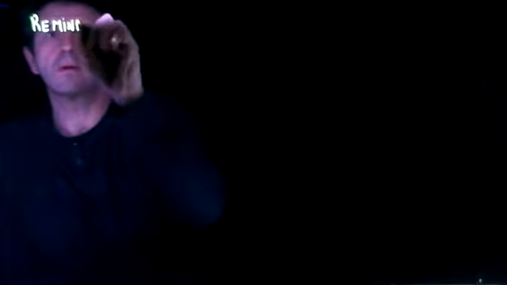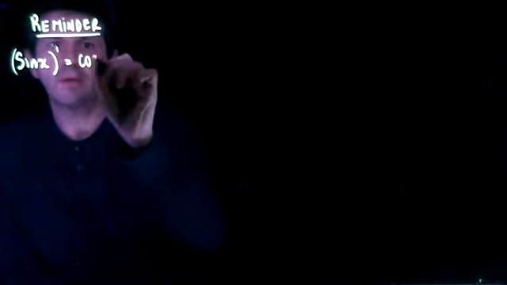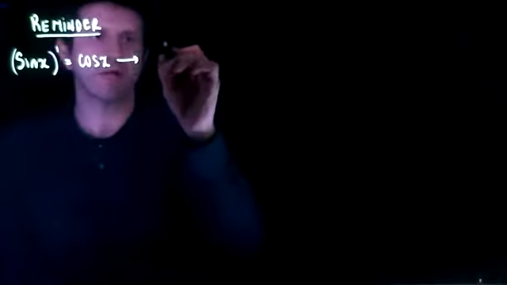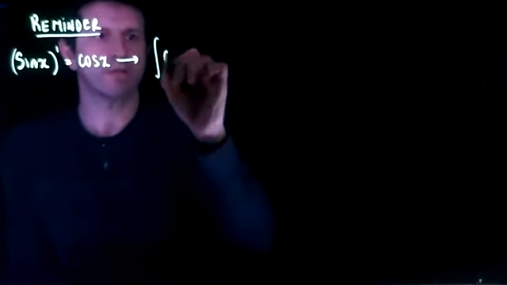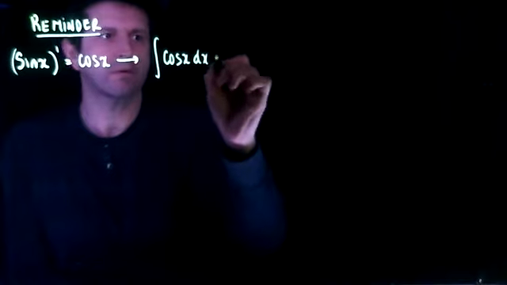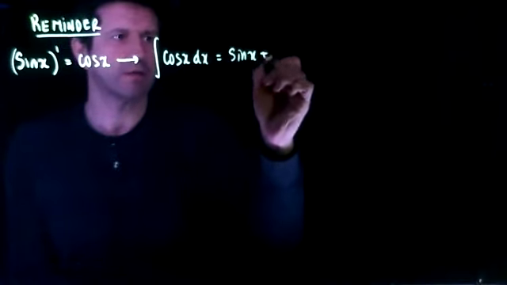Let's go. Okay, so here is the reminder. Here we go. Let's start with the trig functions. Sine x prime is cos x. So this means that the antiderivative of cos x is equal to sine x plus c.